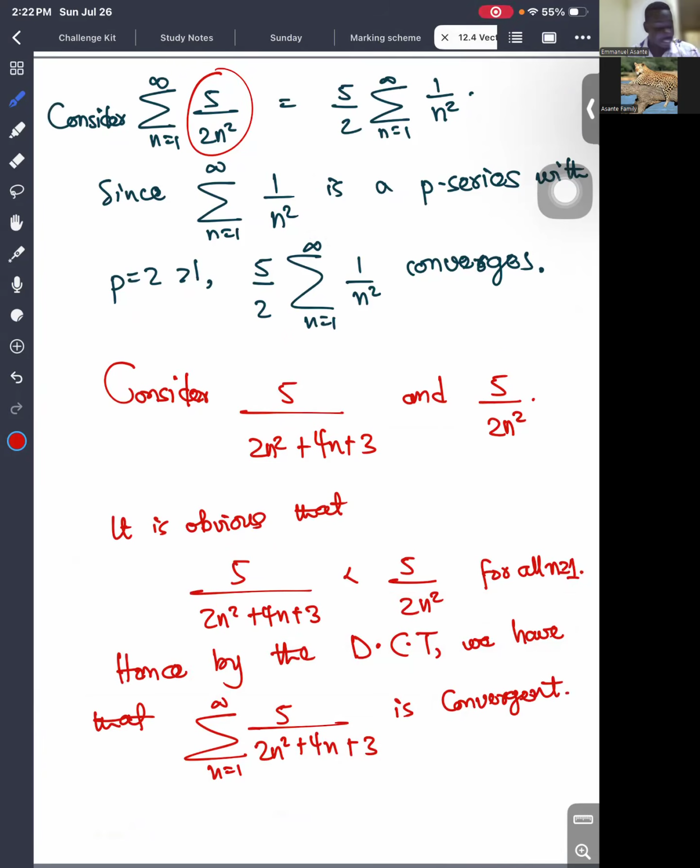Okay, good. So like I said, whenever you are doing this, you have to look out for your series. You have to either construct a P series or a geometric series. Let us look at the second example.